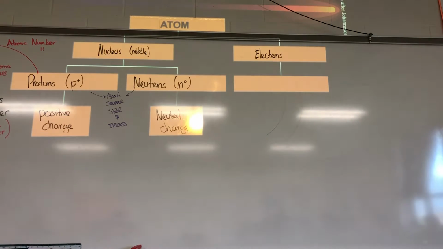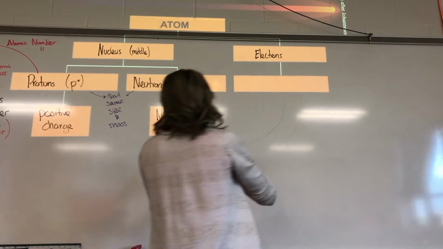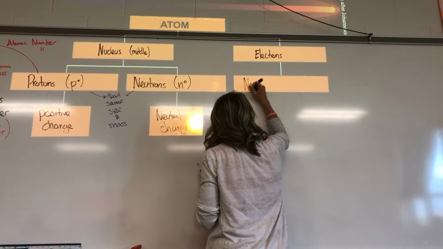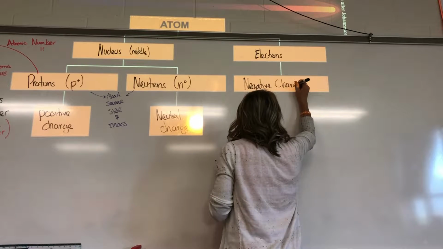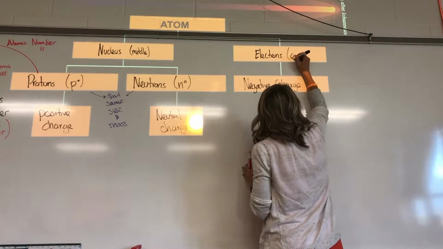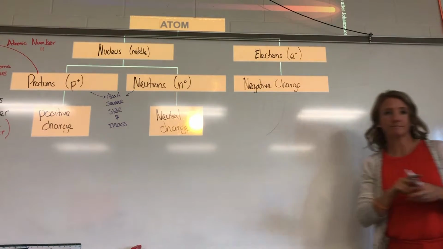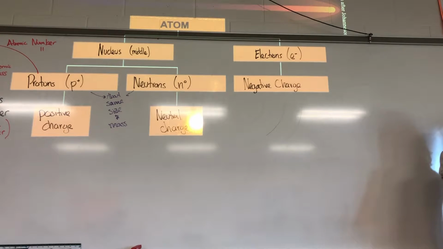Okay? Okay, so we know how to find protons now. We know how to find neutrons. Let's go over to electrons. So electrons are negatively charged. So their symbol is a little e with a negative up top, because they're negative.